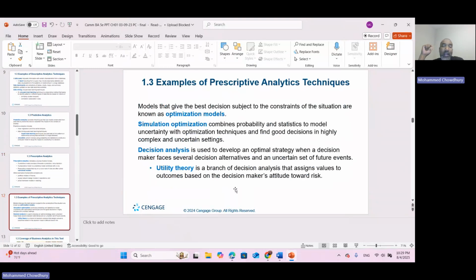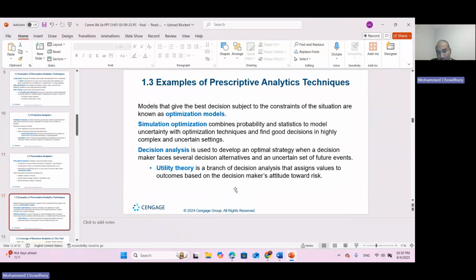In Business Analytics 2, you will learn linear programming, integer programming, non-linear programming, all of these things. And this optimization model is highly used in delivery patterns, like food delivery, DoorDash delivery, and Uber Eats delivery, and then Amazon delivery, some other things.